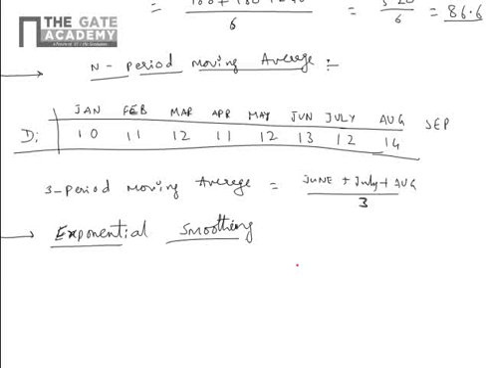Alpha is the exponential smoothing constant which we discussed.